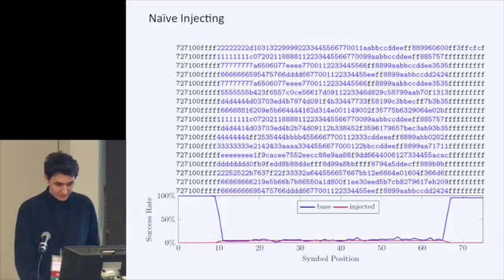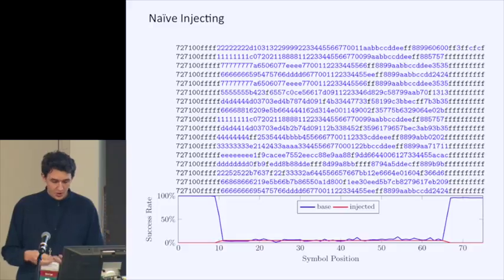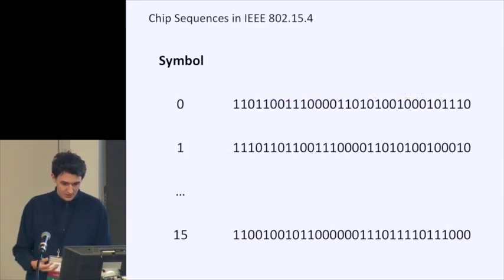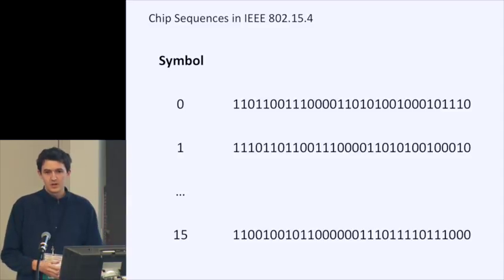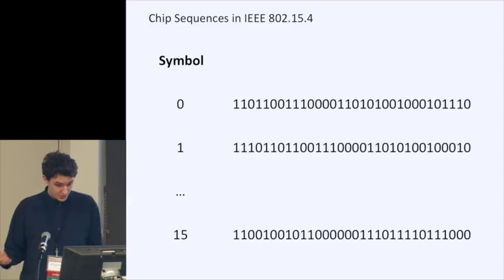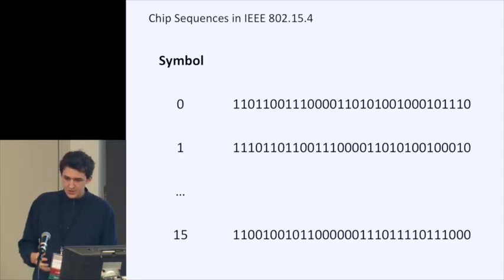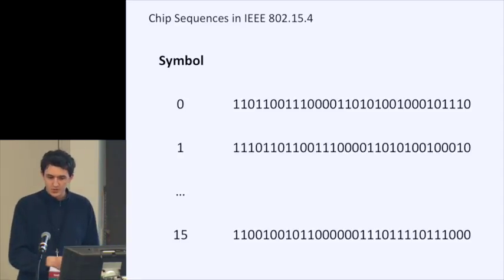It turns out a symbol is not an atomic unit of transmission when it comes to the physical layer. Instead, a symbol is transmitted as a sequence of chips. Each of the 16 symbols in IEEE 802.15.4, which we were using, is mapped to a sequence of 32 chips. For this presentation, you can just assume that these are sent one by one after another.